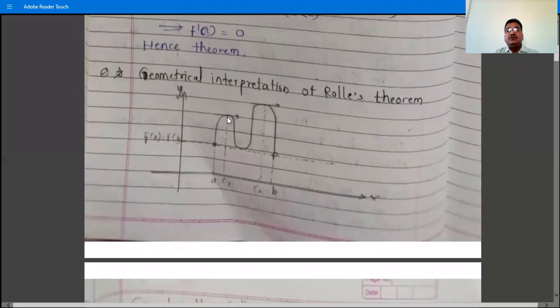So here in the figure we have points C1, C2 and C3. At these 3 points, draw the tangents, at C1, at C2 and at C3, such that these tangents are parallel to the x-axis, because their slopes are equal to 0.